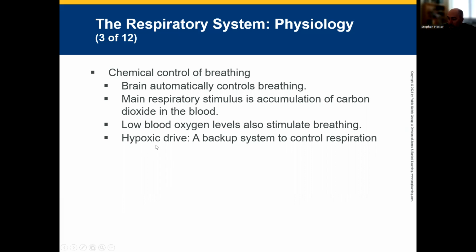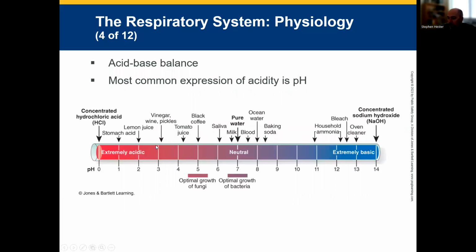Hypoxic drive is a backup system to control respiration. Here's your pH scale, 7.35 to 7.45, extremely acidic in the lower half, and extremely basic up above.